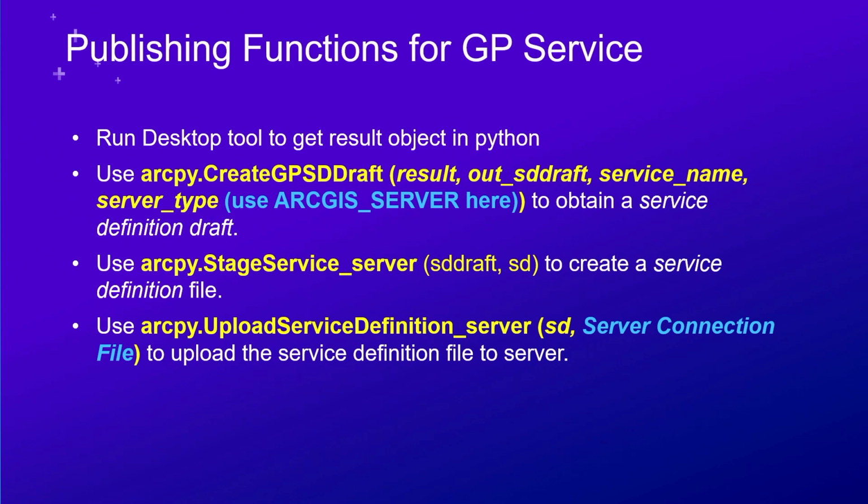To publish as a GP service, you use the same functions as publishing a web tool, except you don't need to log in to the portal because there's no portal. Also, the server type of CreateGPSDDraft is ArcGIS Server. It's not my hosted service. That's for web tool. Okay, so for GP services, ArcGIS Server.